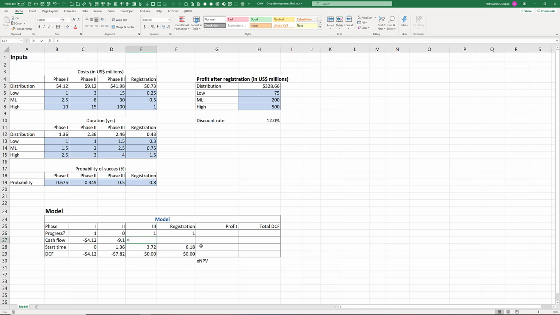Now here, phase 3 is successful when phase 1 is successful and phase 2 is successful. So that would be the case with C26 times D26 is equal to 1. If both are 1, then both stages have been crossed. So we can multiply those two and see whether that product is 1, in which case we have a cost, so that will be minus D5, otherwise 0.